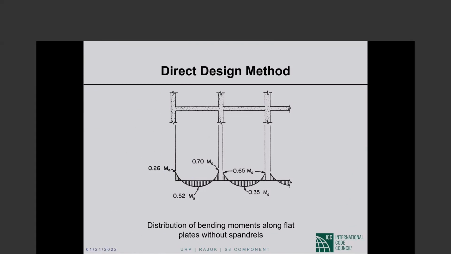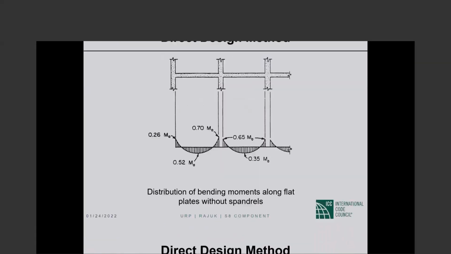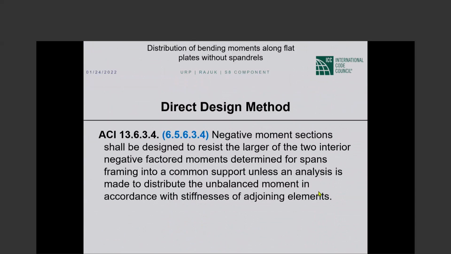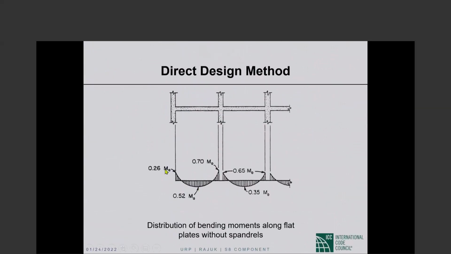But ACI 318 is specifically telling you instead of transferring 26% of m sub 0, when you are doing shear design only, not flexural design, you will transfer 30% of m sub 0. You will increase the transfer moment because that is conservative with respect to shear. Remember, part of the unbalanced moment is transferred by eccentricity of shear, and that adds to punching shear stresses caused by gravity.